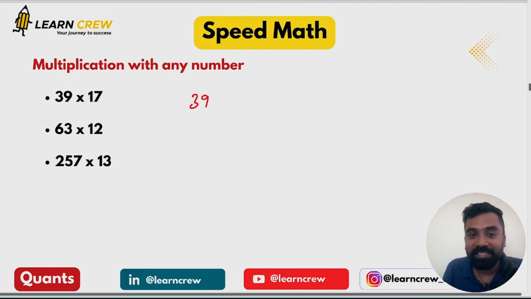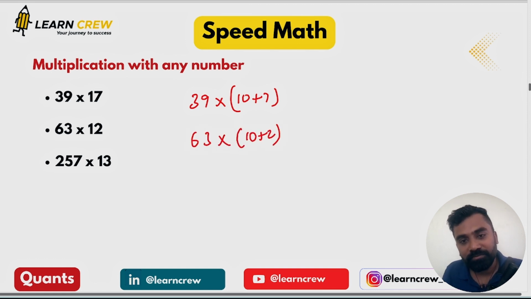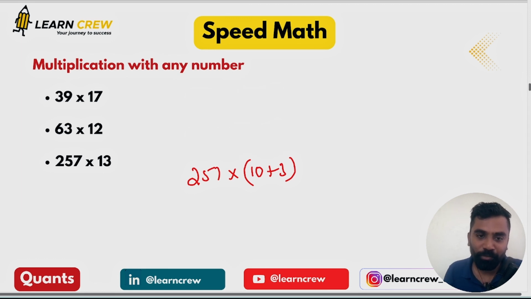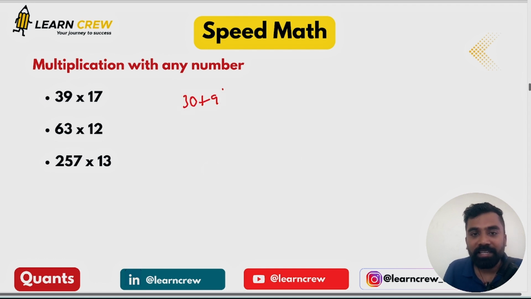First thing: 39 into 17. This can be written as 39 into 10 plus 7. Or can I make it much simpler? 30 plus 9 into 17.